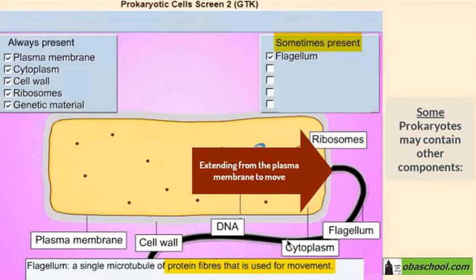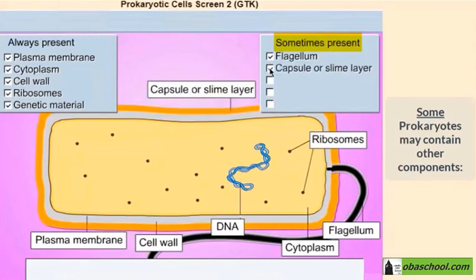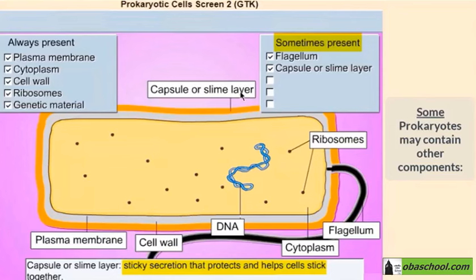In addition, some prokaryotes may have a capsule or a slime layer, which is a sticky secretion that protects and helps the cells stick together.